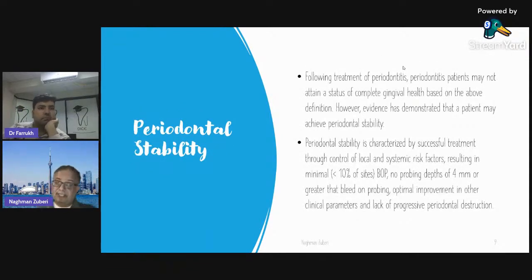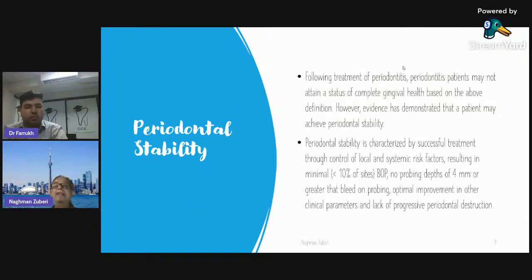Periodontal stability. Following treatment of periodontitis, patients may not attain a status of complete gingival health based on the above definition. However, evidence has demonstrated that a patient may achieve periodontal stability. Periodontal stability is characterized by successful treatment through control of local and systemic risk factors. So there will be very minimal bleeding upon probing percentage.